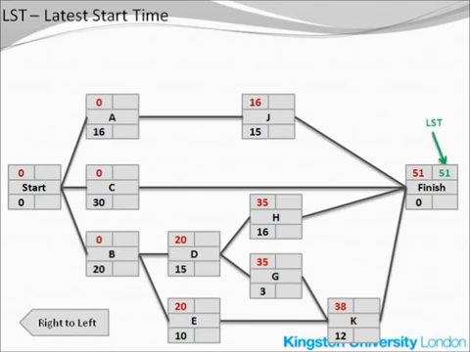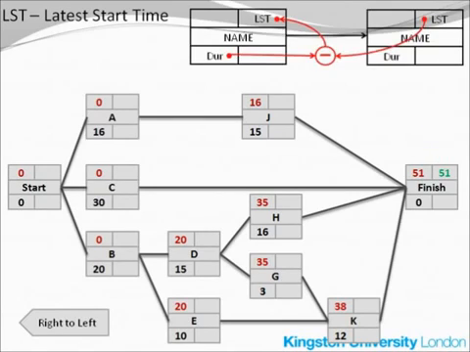With the finish node, the latest start time is the same value as the earliest start time. For any other activity, again, the recipe is shown at the top of the screen. Take the LST, latest start time, of any activity, subtract the duration of the activity that was before it, and you'll get the latest start time of this activity.